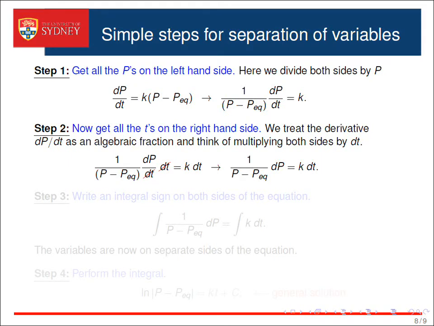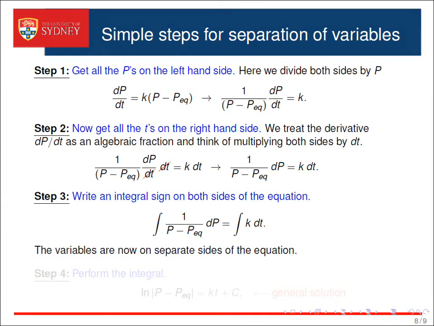At this stage, we then have 1 on (P minus P equilibrium) times dP. And now the differential equation has all the P's on the left-hand side and all the t's on the right. Step 3. We write an integral sign at the beginning of the left and the right-hand side, giving 2 integrals.